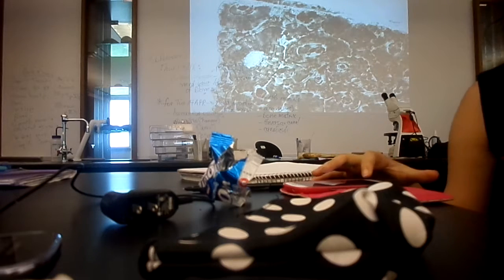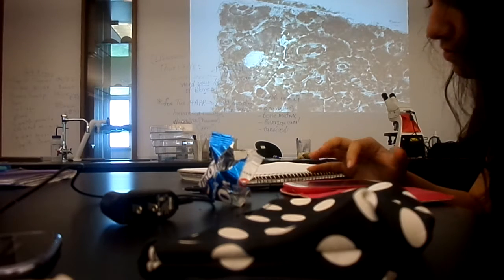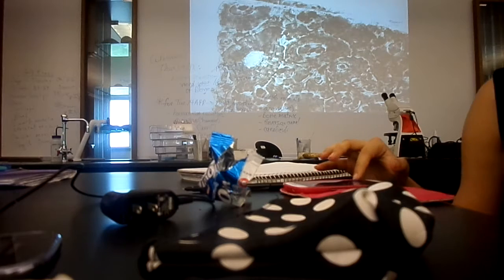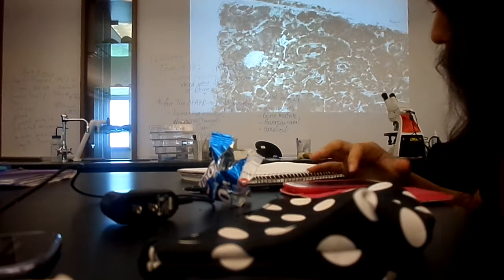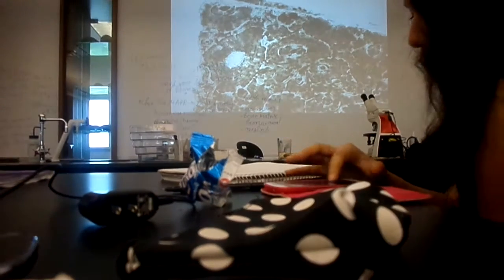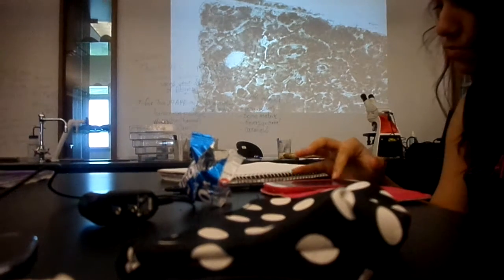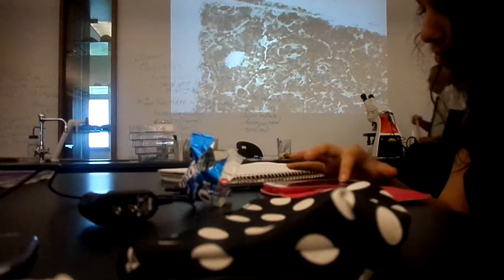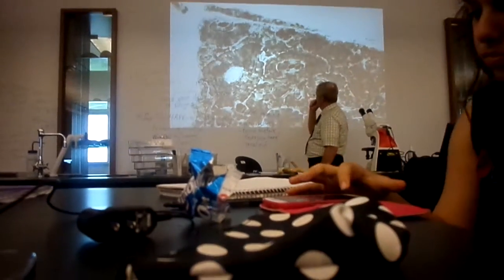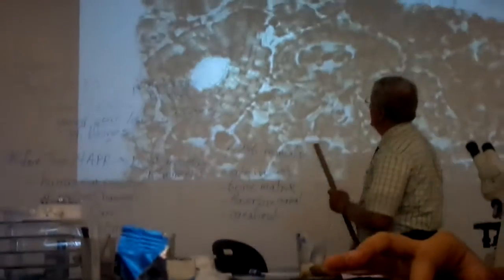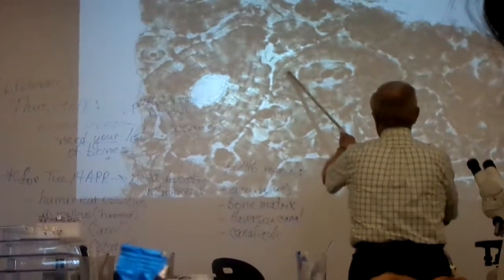And every one of these structures would be a canaliculus, that's the singular form of the term, and all of them are referred to as canaliculi. All of these narrow black lines that you see here, or here, or here, or here, are the canaliculi.